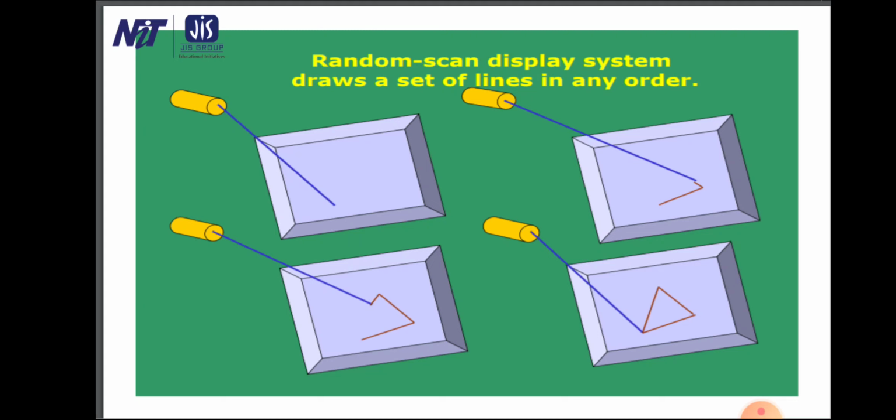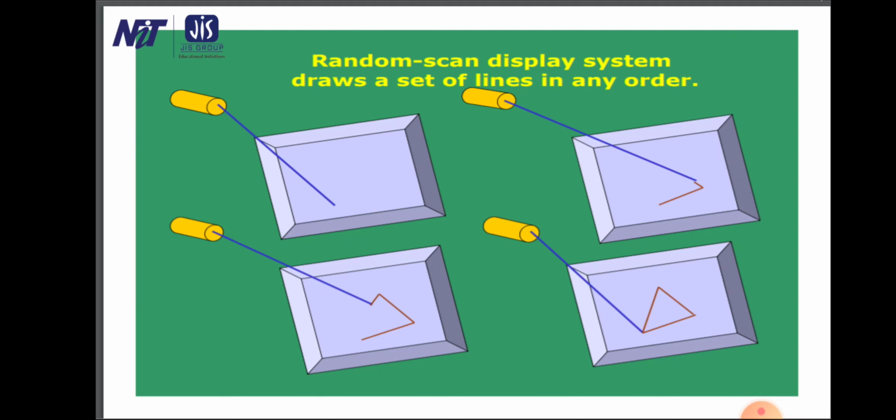In this figure, I have drawn a triangle by making the beam move in the shape of the triangle: x1, y1 to x2, y2 to x3, y3 and then again to x1, y1. I finish this cycle and the triangle is drawn.